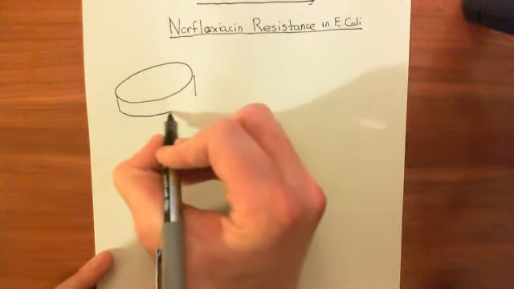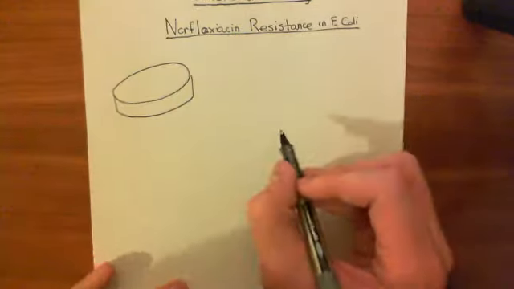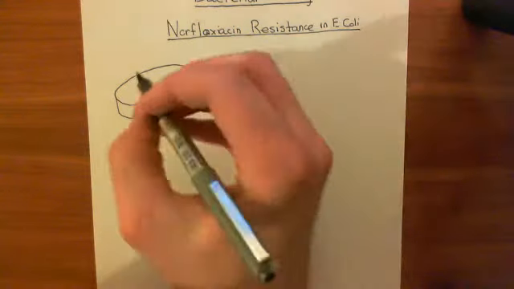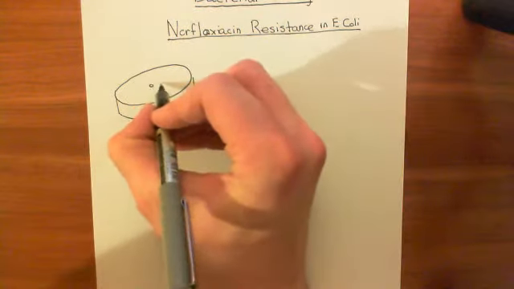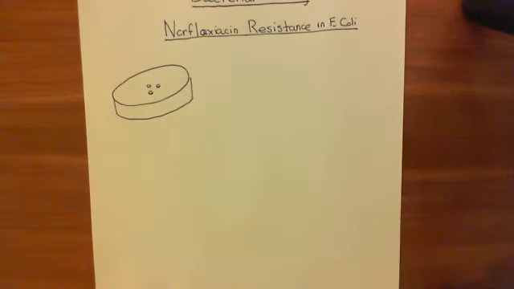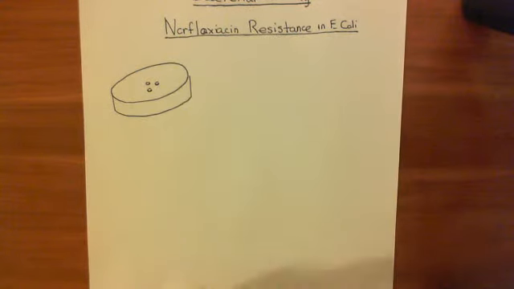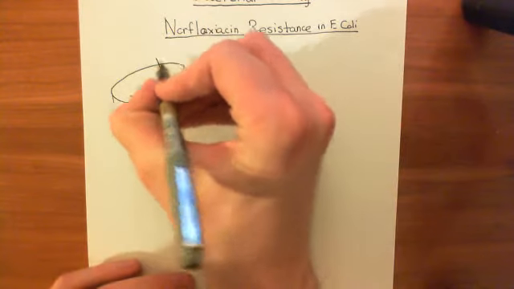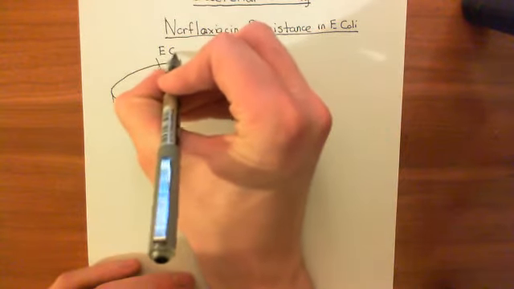Now what we're going to do is expose our E. coli bacteria to a low dose of this antibiotic Norfloxacin. We're not going to expose them to a high enough concentration to kill the bacteria. Instead, we're going to put them in a concentration of Norfloxacin that is great enough to stop protein synthesis within those bacteria, but not to kill them. So here are our E. coli on this agar plate.